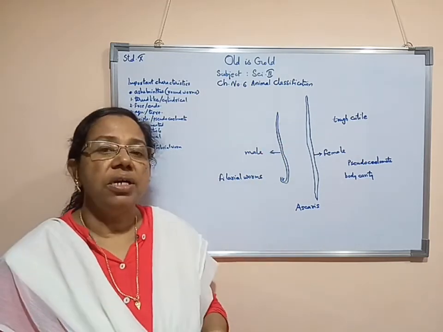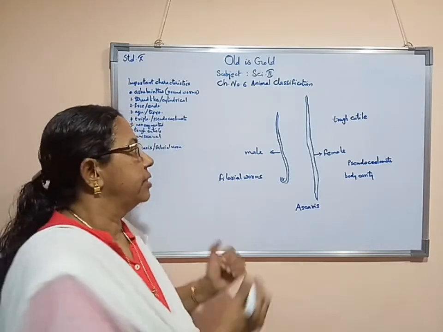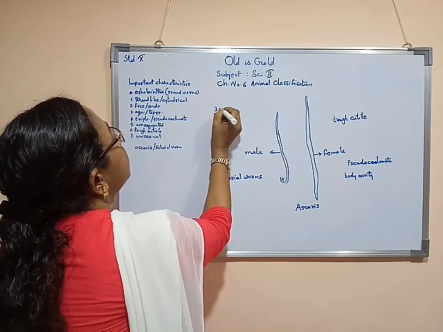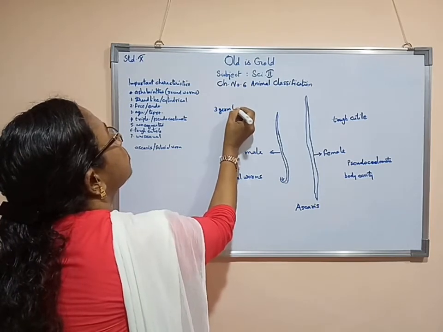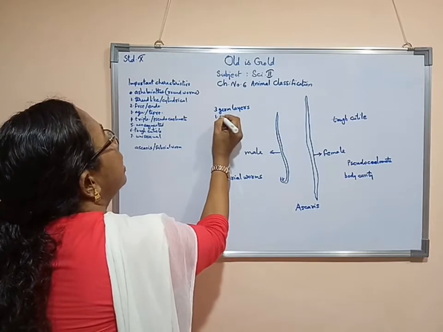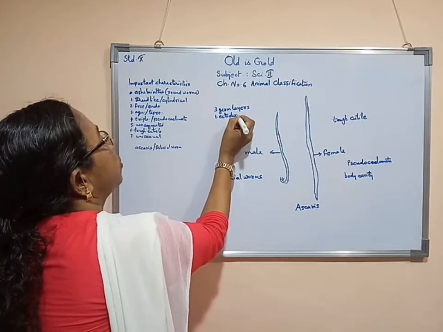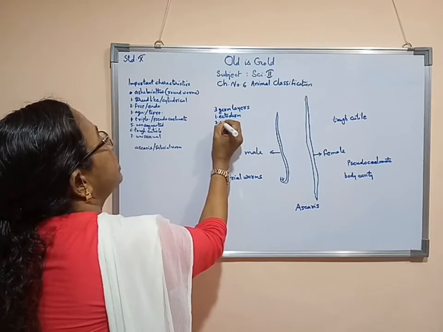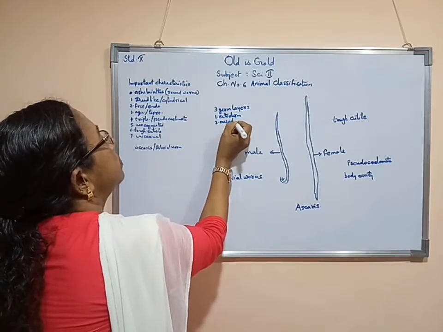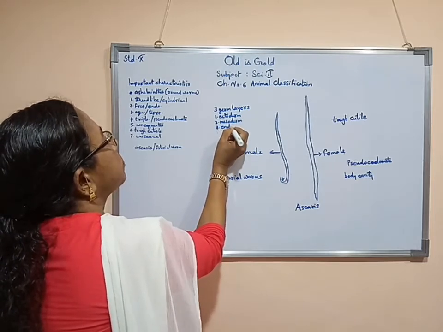Their body wall is made with the help of 3 germ layers. So 3 germ layers means the first layer we can say is ectoderm, the second one mesoderm, the third one endoderm.